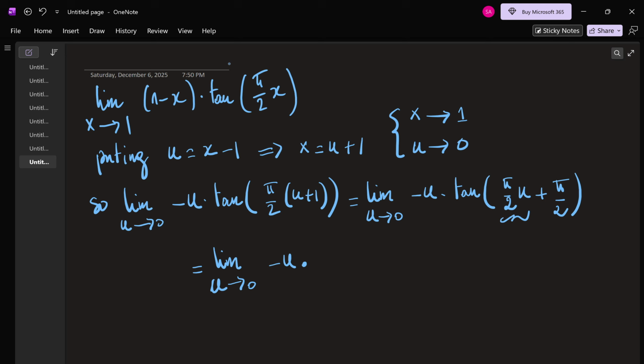We have a formula for this. When we have a number a plus pi over 2, it becomes minus 1 over tangent of a, so here minus 1 over tangent of pi over 2 u.